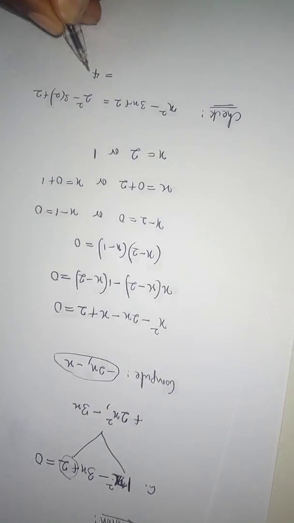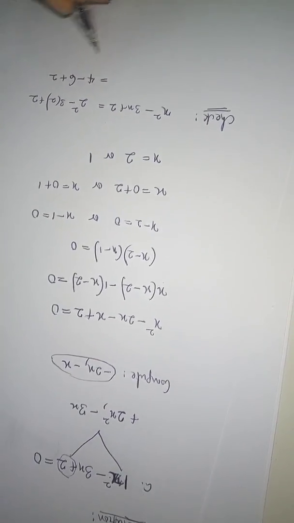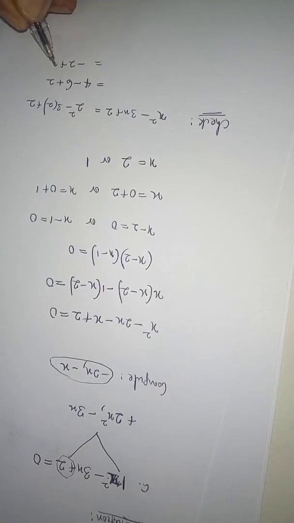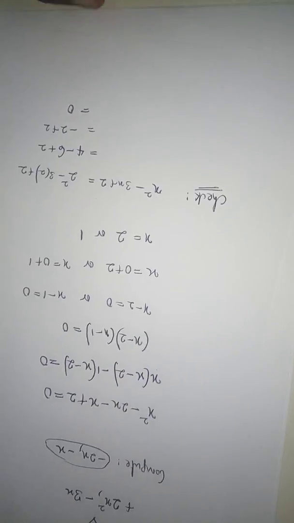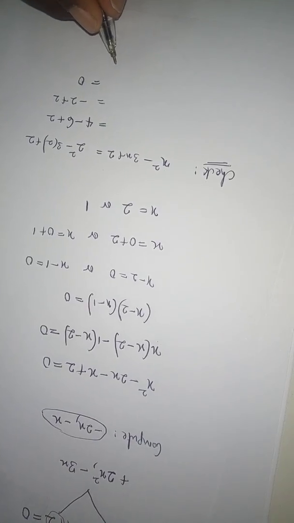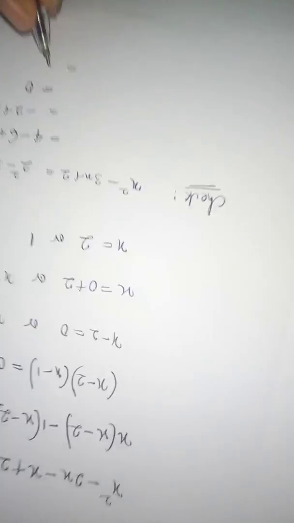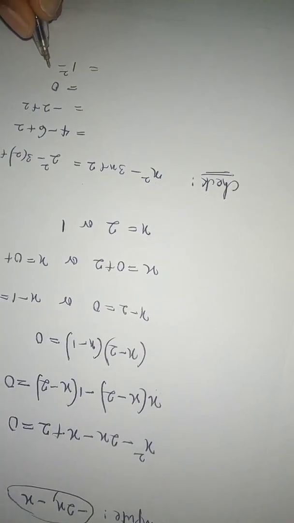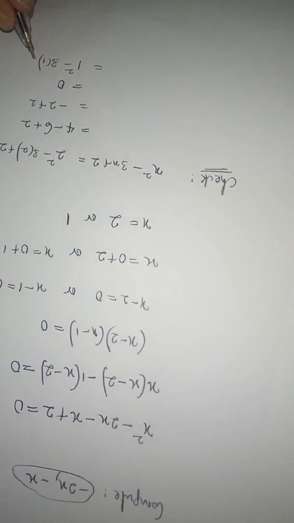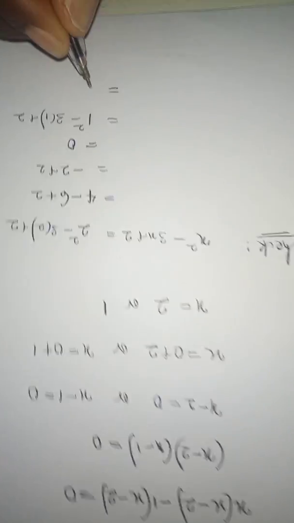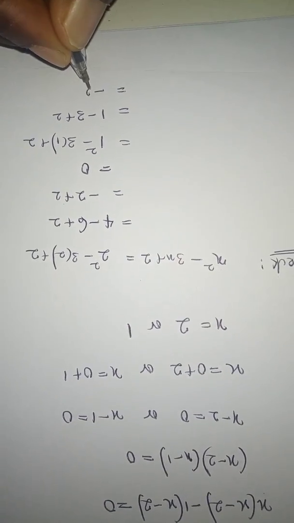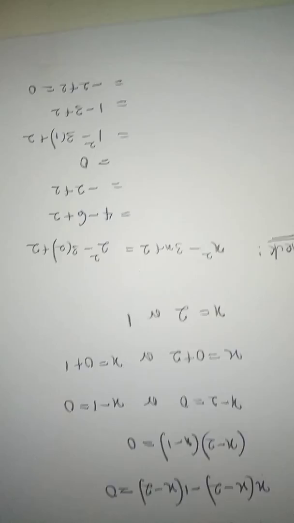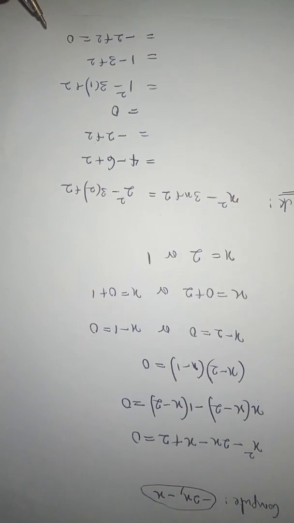That is 4 minus 6 plus 2, which is 0, equal to the right-hand side. The same thing, when x is 1, you have 1 squared minus 3 multiplied by 1 plus 2, which is 1 minus 3 plus 2, equals 0, which is the right-hand side.